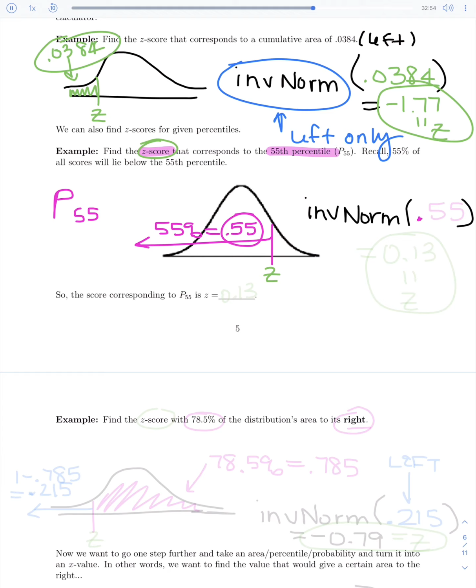So I can just go ahead and plug in the inverse norm of 0.55, and let's see what our calculator gives us for that value. What our calculator gives us is a 0.13, and that's our z-value. That represents the 55th percentile, meaning 55%, or 0.55 of our data is below this z-value of 0.13.